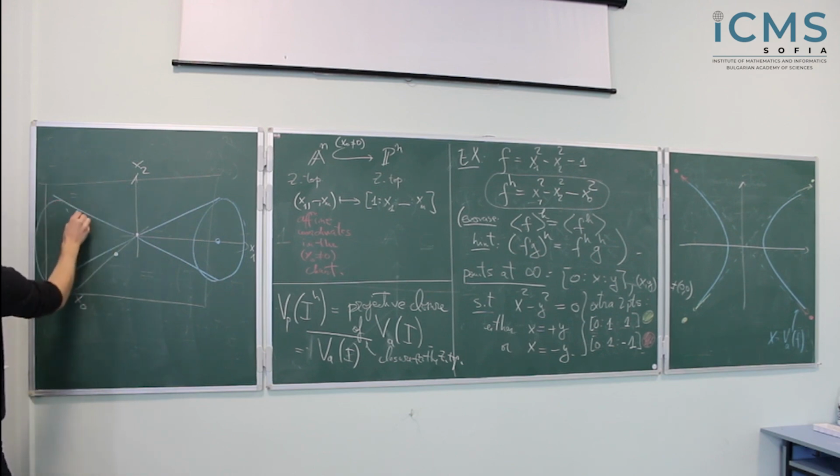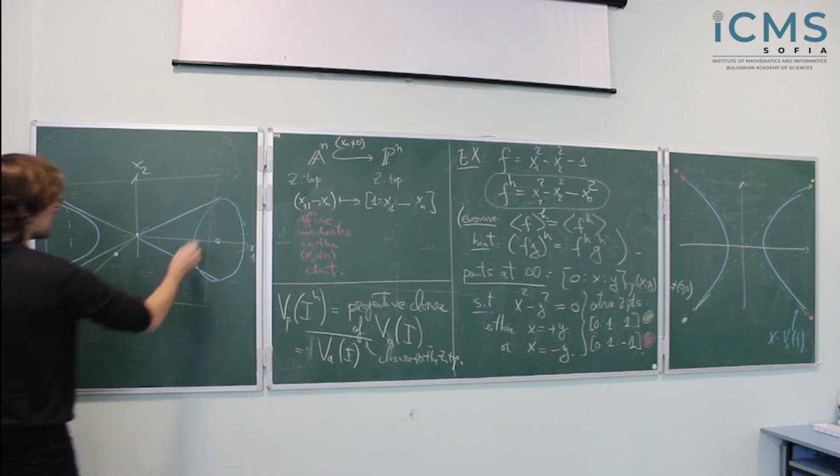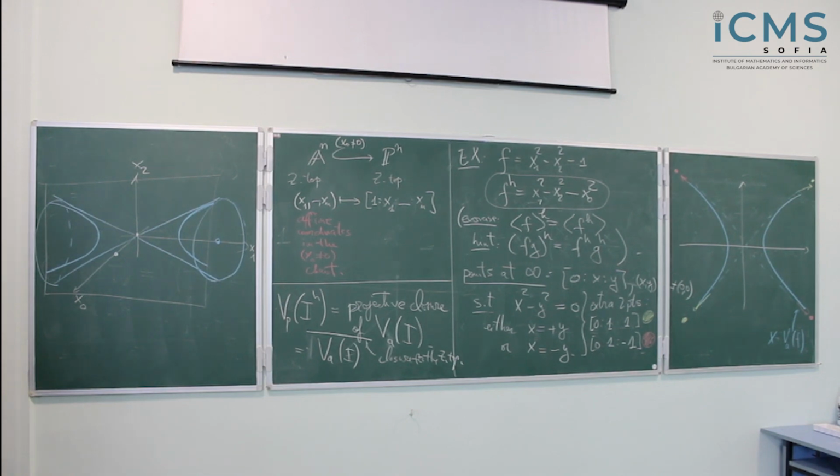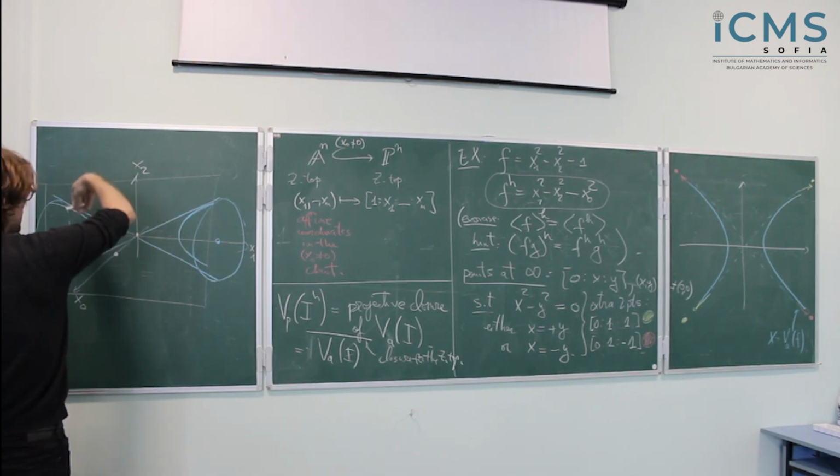And this will give me the section with the cone, which will give me the hyperbola. Like that. Okay. And the points at infinity are behind it.